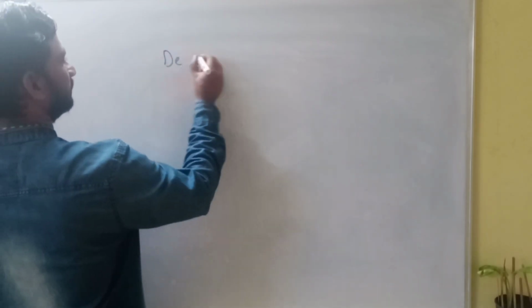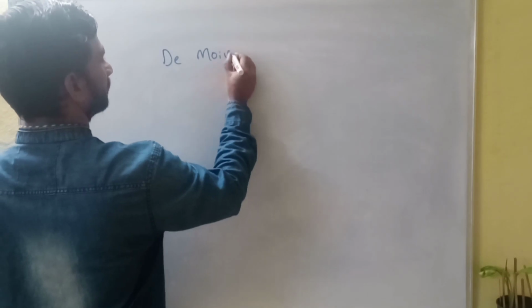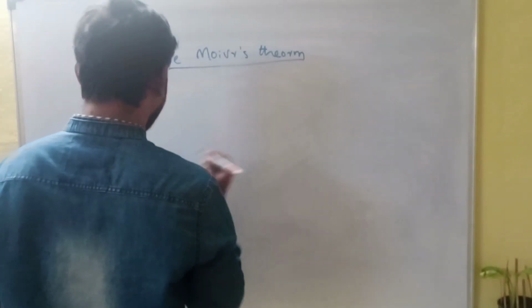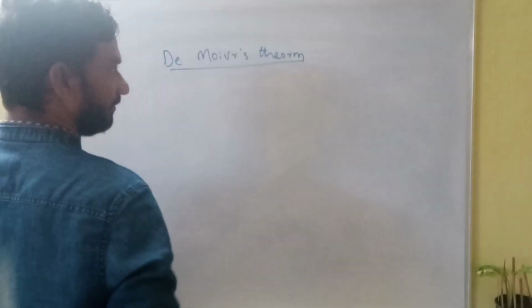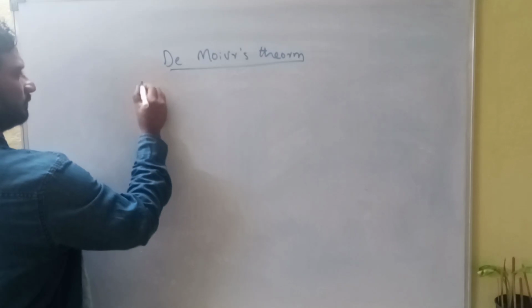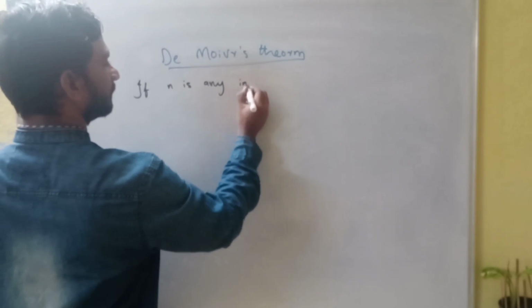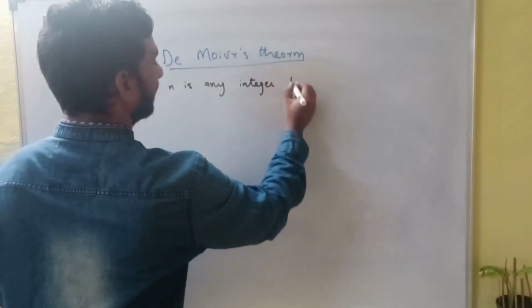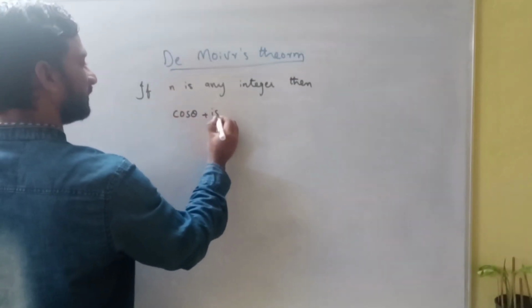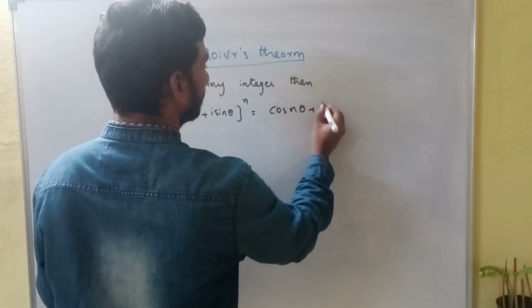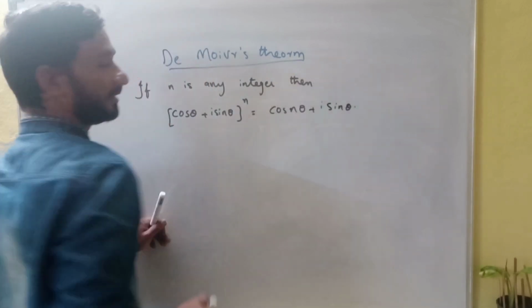De Moivre's theorem. De Moivre's theorem says that if n is any integer, then cos theta plus i sin theta whole power n is equal to cos n theta plus i sin n theta.